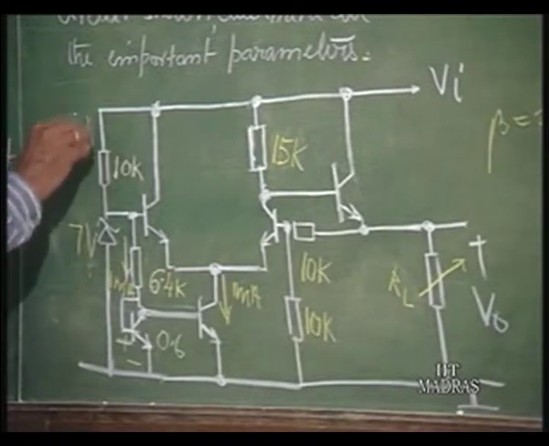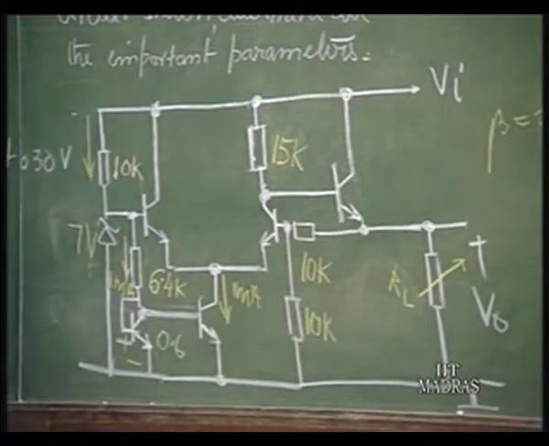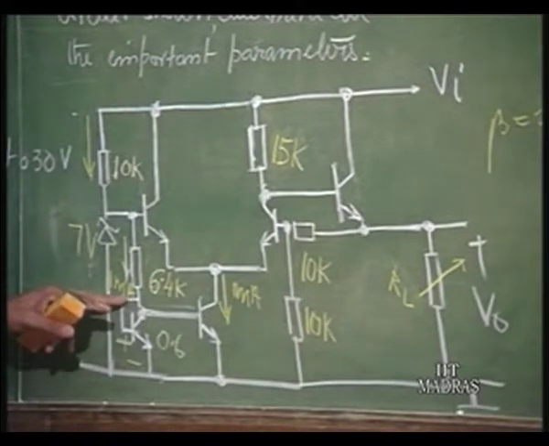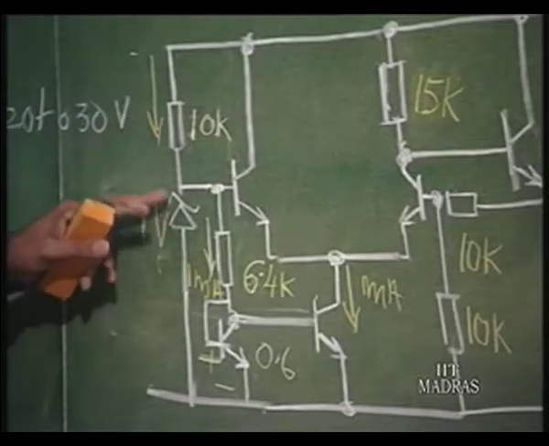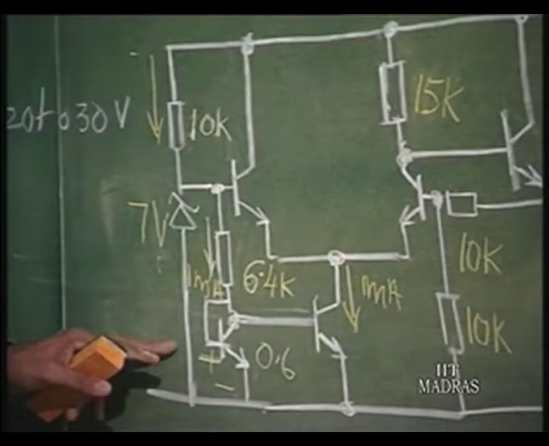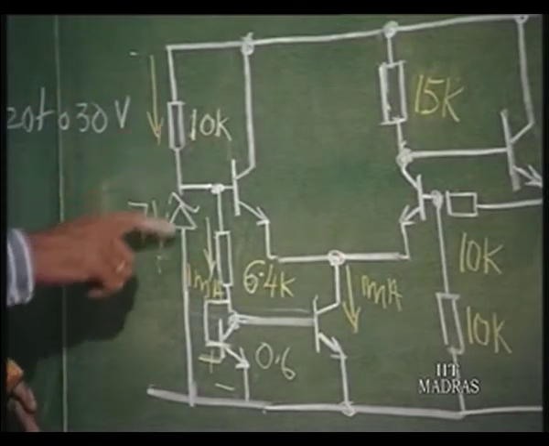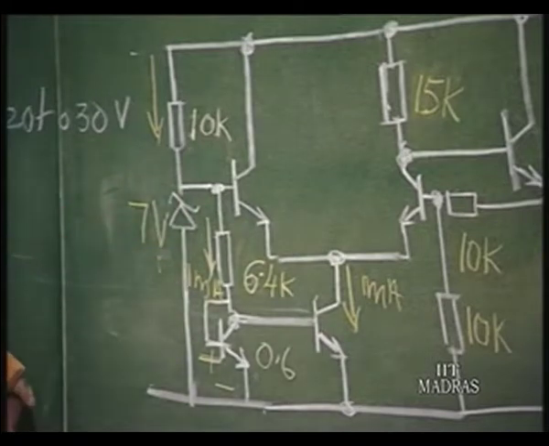So, this current of course keeps varying here. This is the bias current needed for the Zener. Please remember, this has to be greater than 1 milliampere, so that some current is left for the Zener. This current is going to supply the Zener as well as this 1 milliampere. Meanwhile, we are ignoring the current drawn by the transistor of course.